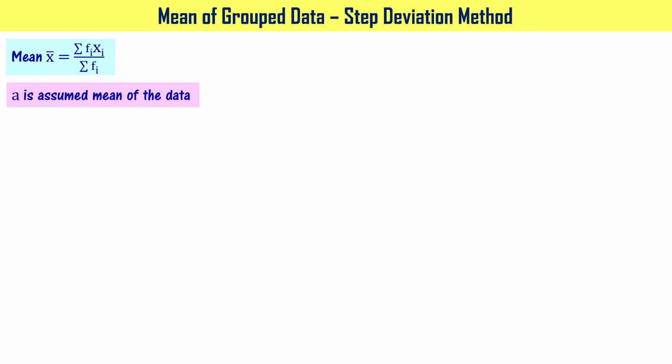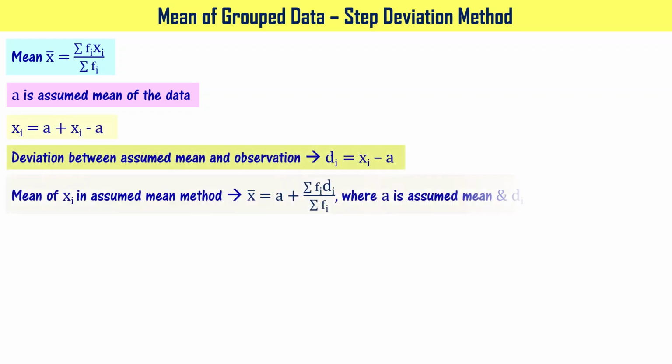When you have A as the assumed mean of the data, we have seen that the mean by the assumed mean method can be written as x bar equal to A plus sigma fi di by sigma fi, right? Now if I define di as h times di divided by h, right? What I'm saying is I'm multiplying di with h and dividing that with h, right?